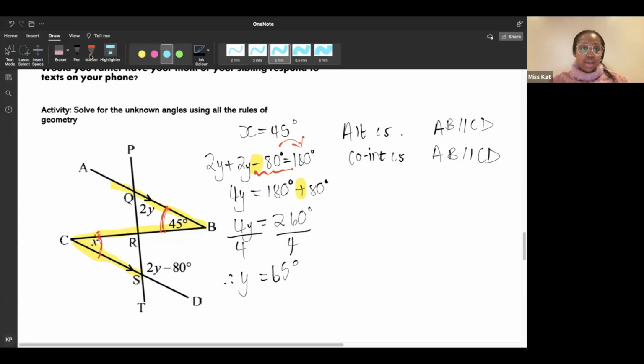So look here: P, A, Q, R. Those are all the names of the lines. But look at the angles: we use small letters, like this Y and this X. If all else fails, but they say solve for the unknown angles, you know you're looking for the small letters. Capital letters are only to tell you which line it is.